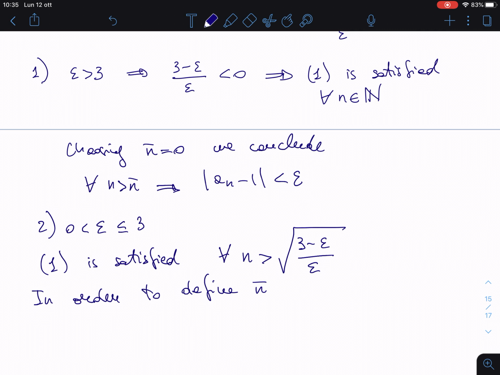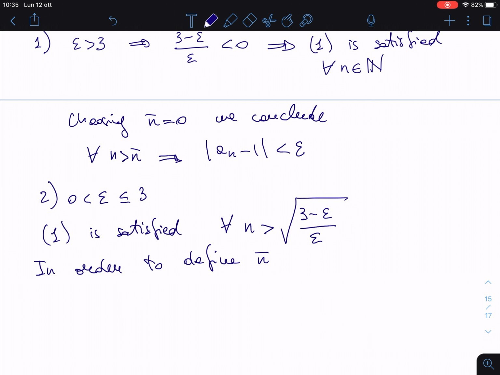we must introduce rigorously the integer part of x. I already did it in the question time of last Tuesday, but I want to do it again. So here we have a definition, integer part.